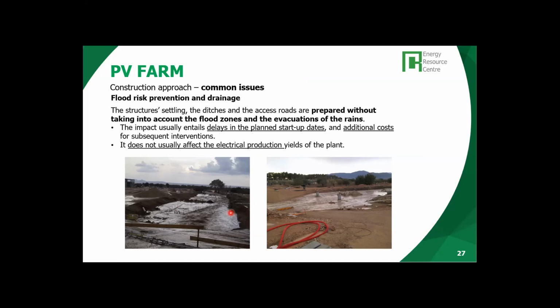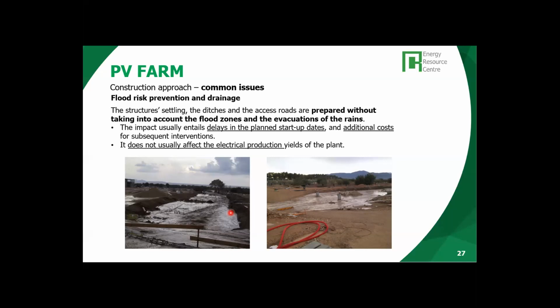And this is a very important factor that, depending on the risk of flooding, might make us discard, forget about a potential project, if there is too much risk of flooding or if building a proper drainage circuit is complicated or not possible.